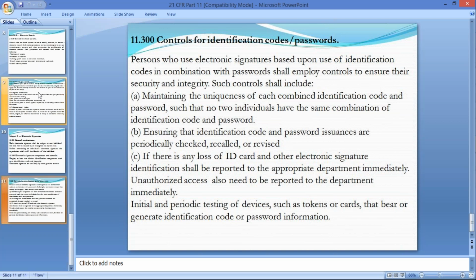Any loss of an ID card which has an ID and password should be immediately informed, and unauthorized access also should be immediately informed. So these are the controls for identification codes and passwords.